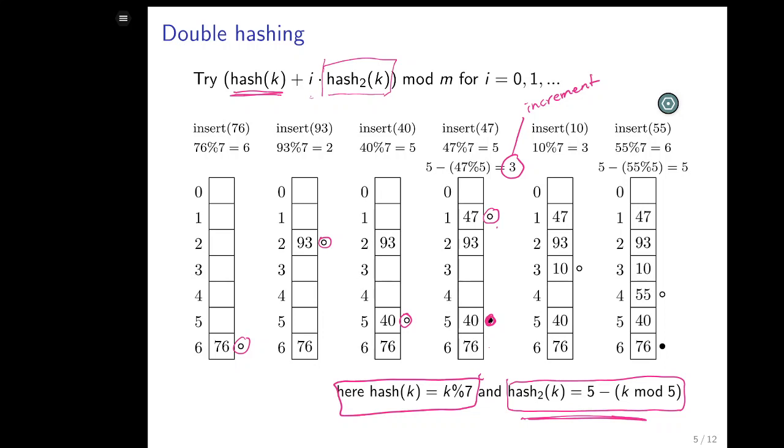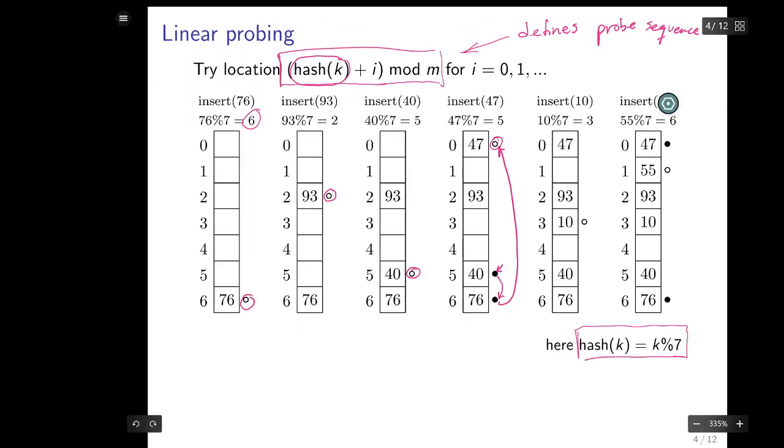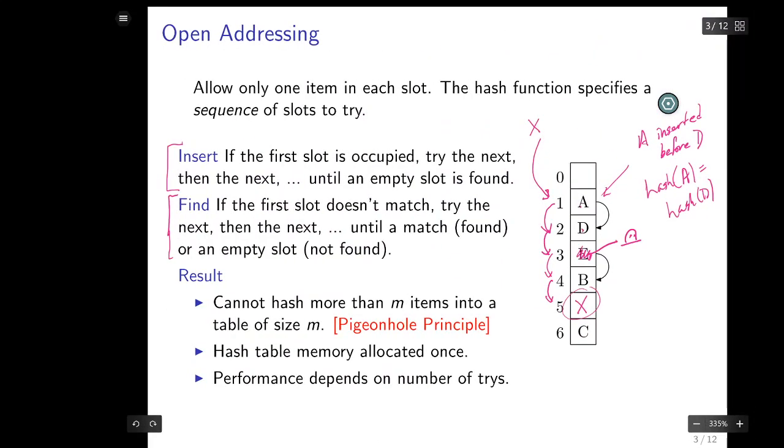Well, you can see that there's a problem with linear probing. You create long chains, and these long chains grow bigger and bigger because they capture more stuff that hashes into the table until eventually they join up and become really long chains, and that's bad.